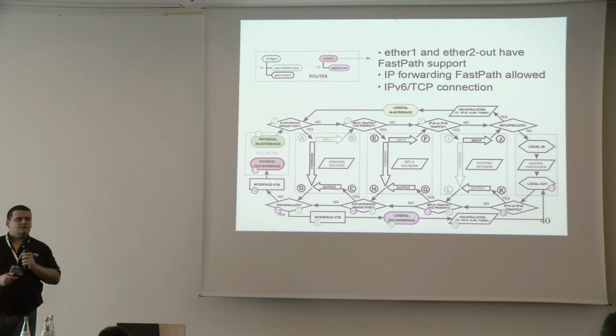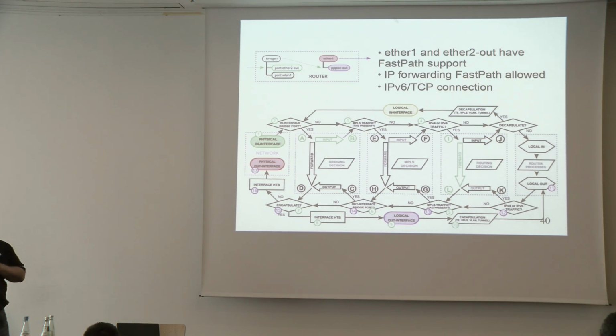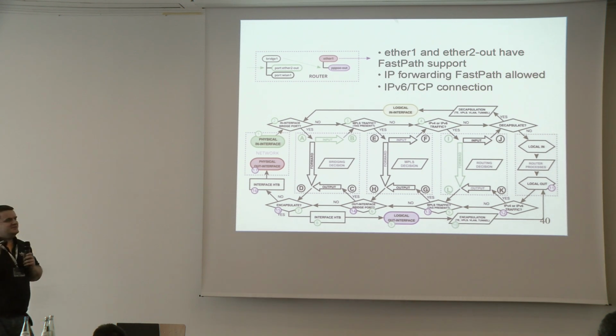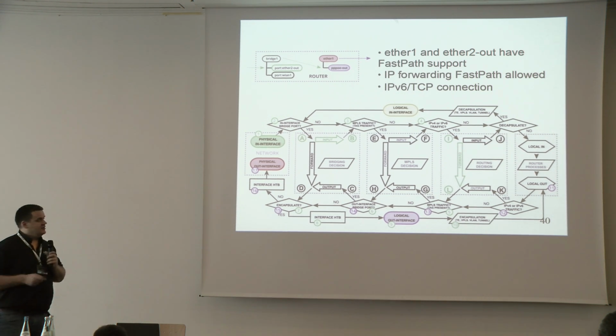So who thinks that FastPath will work? Okay. Who thinks that it will not work? Why? IP version 6 is currently not supported. It is on our to-do list, but at this point, it's not supported. So the correct answer: in this setup, it will not work.